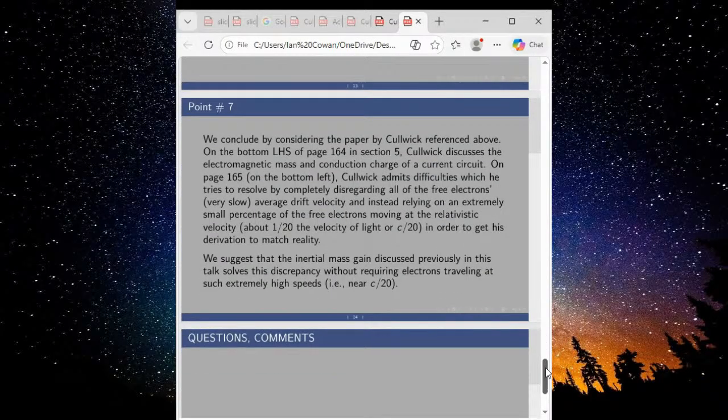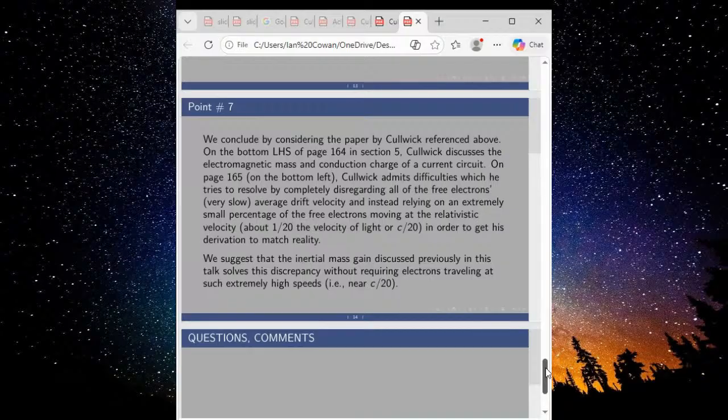We conclude by considering the paper by Kowick referenced above. On the bottom left-hand side of page 164, in section 5, Kowick discusses the electromagnetic mass and conduction charge of a current circuit. On page 165, on the bottom left, Kowick admits difficulties which he tries to resolve by completely disregarding all the free electrons' very slow average drift velocity.